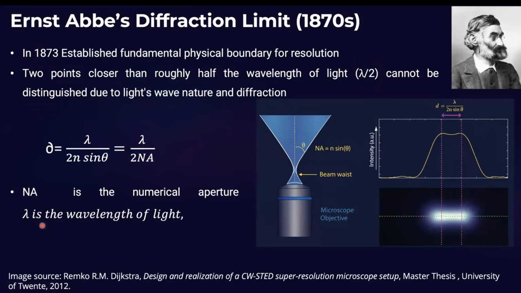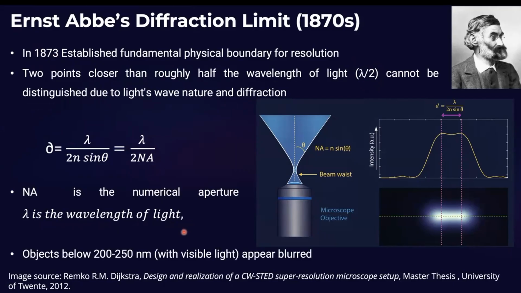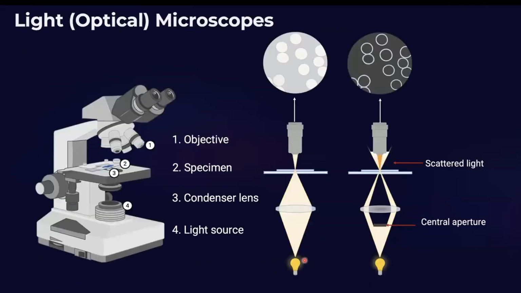Now, if you substitute in this the wavelength of light, if we take a wavelength in the visible region of the electromagnetic spectrum, say 500 nanometer, then we end up around 200 to 150 nanometer resolution. So, how can we see objects below this range? That's where the next evolution of the microscope and the light sources have changed.